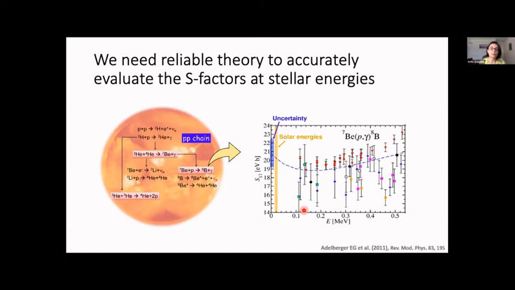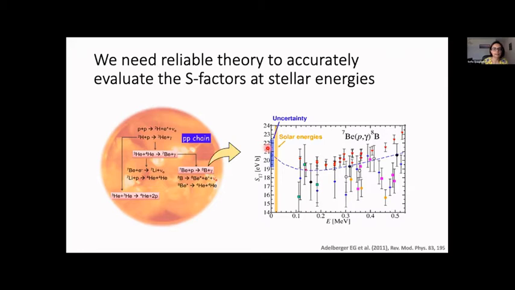As you can see, this S factor has not been measured down to the very low solar energy we would like, and basically we need to resort to theory to extrapolate it down to zero energy, and this of course introduces uncertainties. It is really our goal to arrive at as accurate an evaluation as possible of these reactions at astrophysical energies.